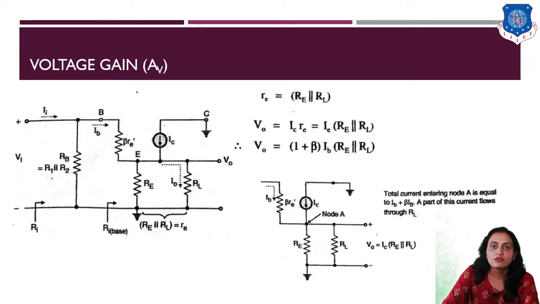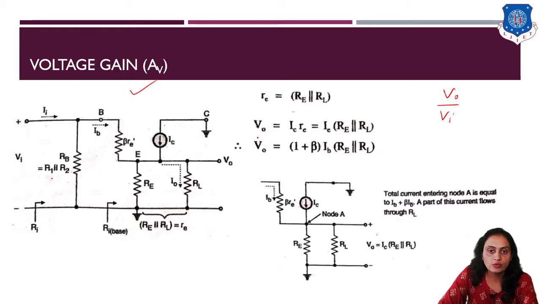Now for this we will find the voltage gain. Voltage gain is again output voltage divided by input voltage. So what is the output voltage? The output voltage is IE into re, where re is the parallel combination of these two resistors, RE in capital and RL, shown with the small re.